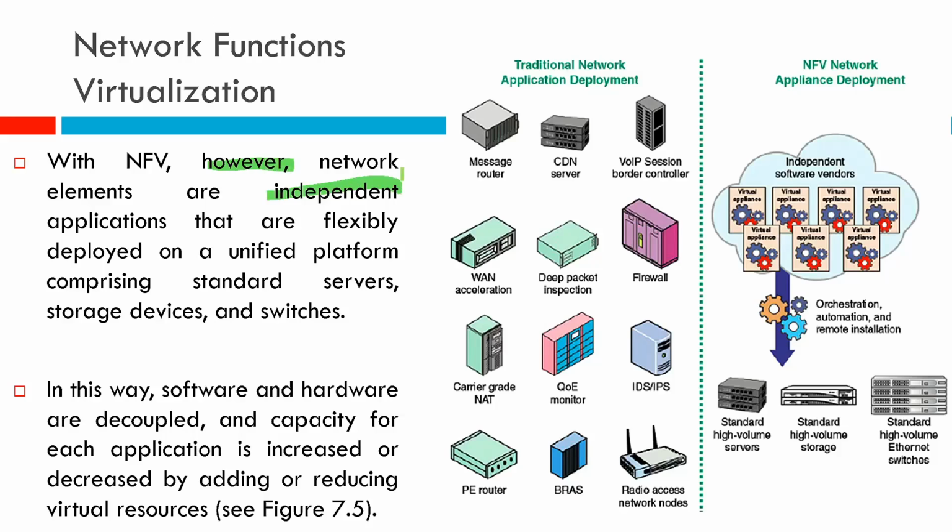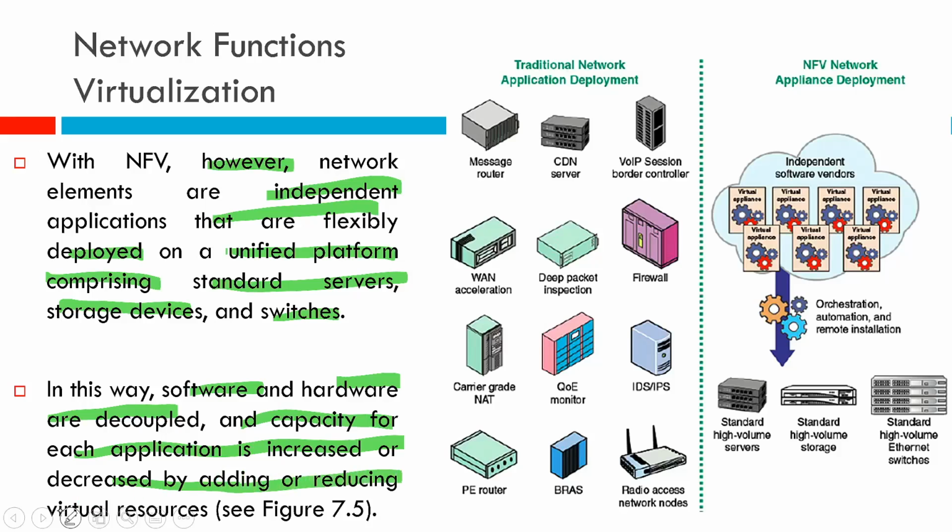Whatever I said before is being repeated here, and then applications are flexibly deployed on a unified platform comprising standard servers, storage devices, and switches. Okay, so this is the independent application, and in this way, software and hardware are decoupled. Capacity for each application is increased or decreased by adding or reducing virtual resources. So this is the important point we want to understand here.